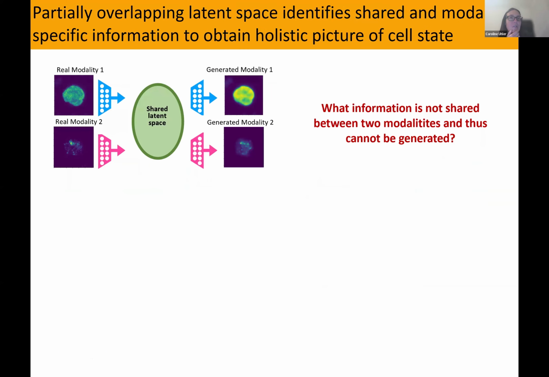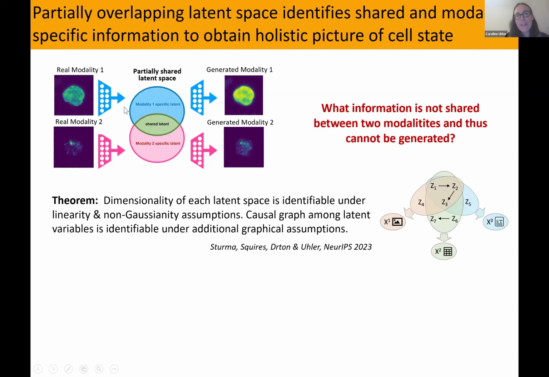That's a question we've been thinking about for a long time. Say you have different protein stains, and we have our nuclear stain, like a DNA stain. How can we figure out what information we really need the protein stain for because it's simply not there in the cheap DAPI or Hoechst stain of the chromatin, and which information is shared, meaning I could just take these cheap stains and translate to this particular modality?